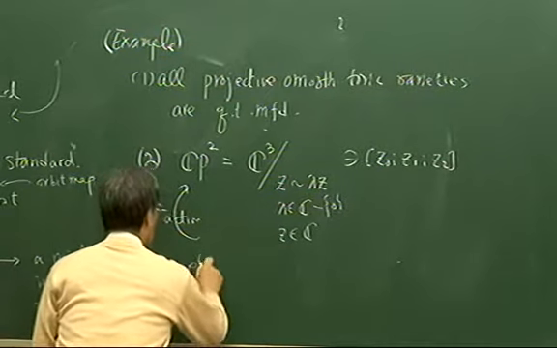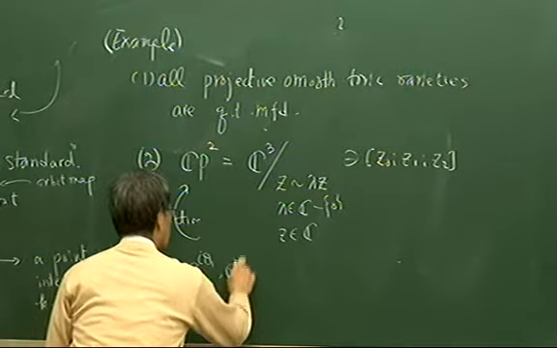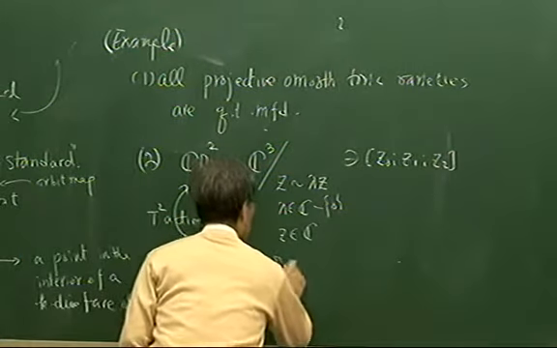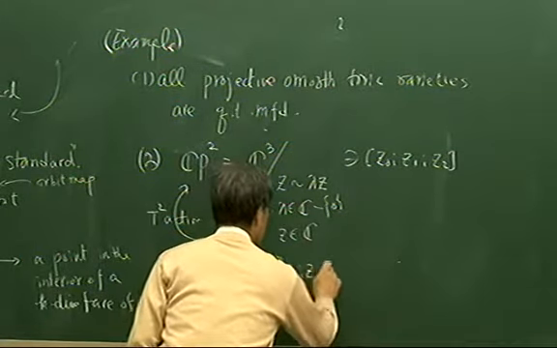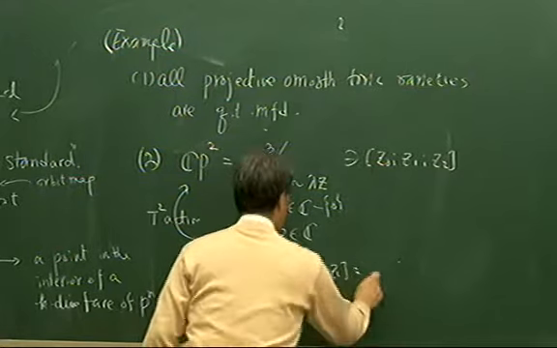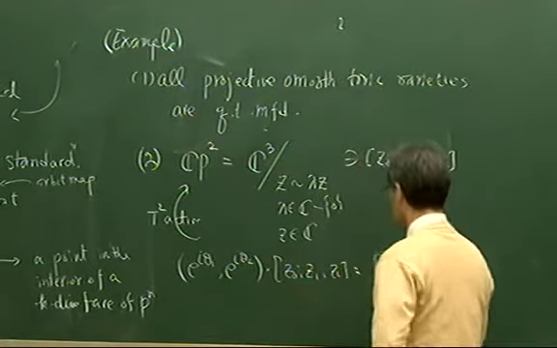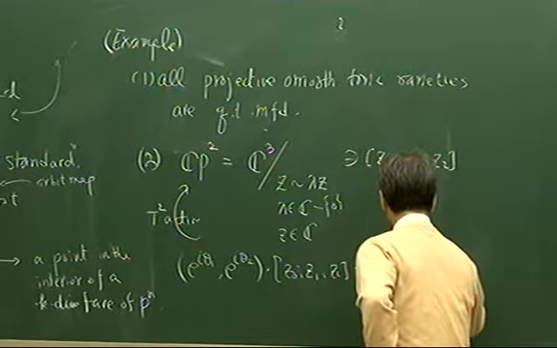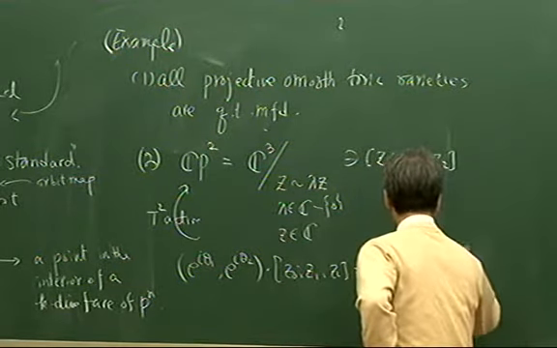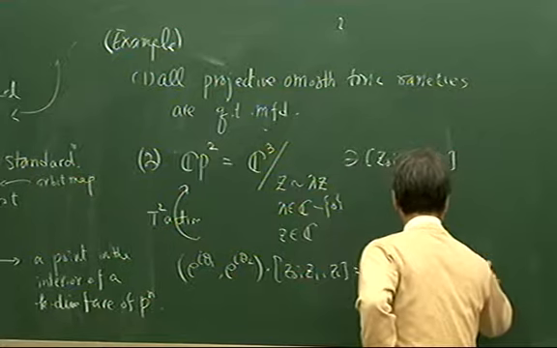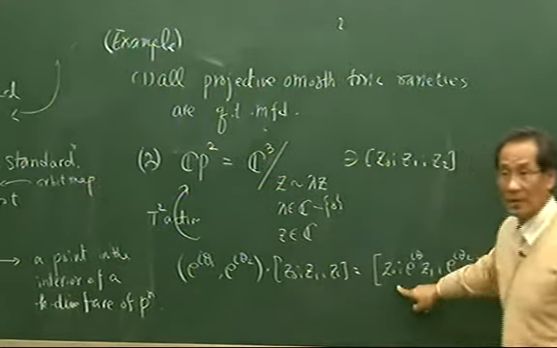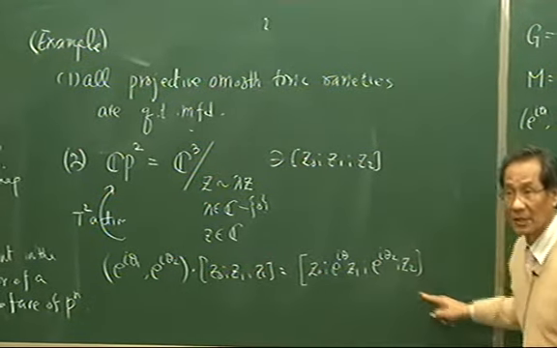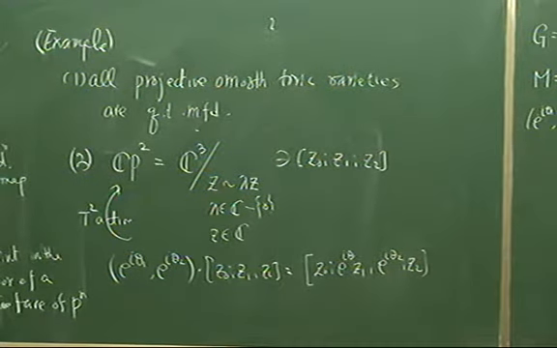So e to the i theta 1, e to the i theta 2, acting on Z0, Z1, Z2 just removes the first coordinate, and you just multiply componentwise.